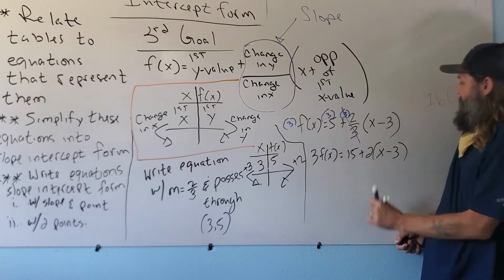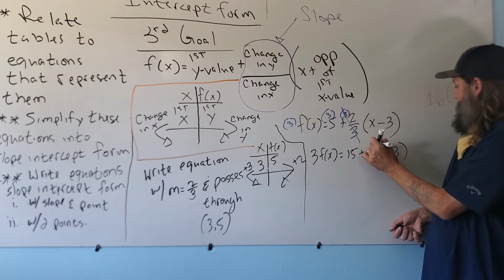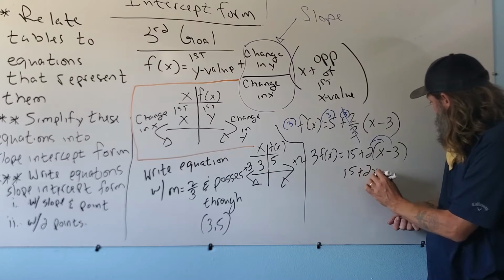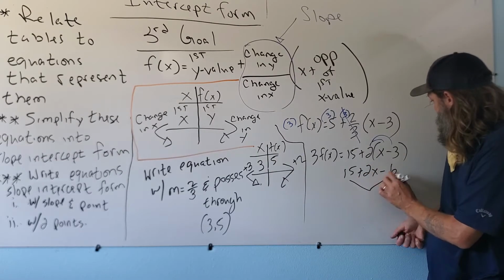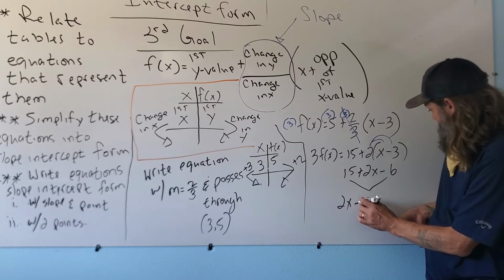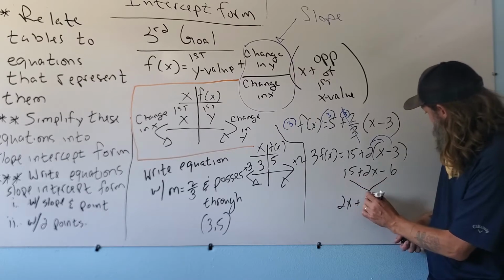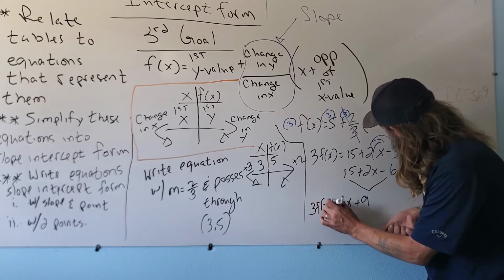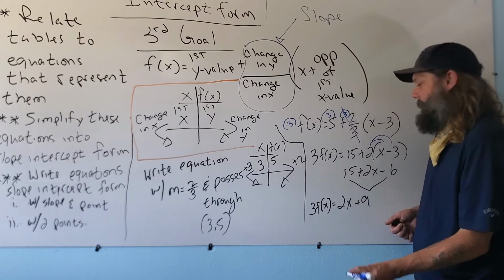So now I can go about simplifying this. I get 15 plus 2x minus 6. This becomes 2x plus, 15 minus 6, that's 9. Remember, this is equal to 3 f of x. So to finish this out, it's very simple.